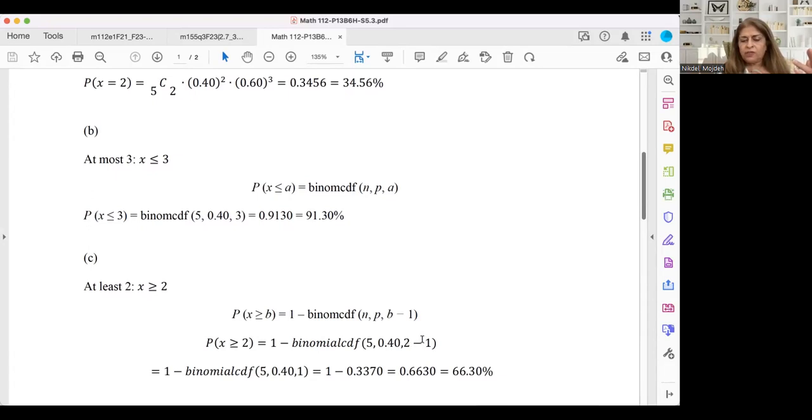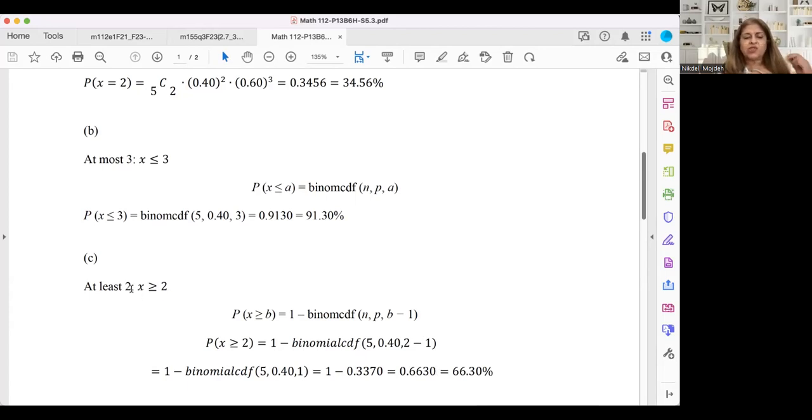Okay, 2 minus 1 is 1. Binomial CDF of 5, N, P, and 1. This is the binomial of the complement, 0 and 1. So I find the binomial of the complement first, which is 0.3370. And I take that probability, 0.3370, take it away from 1, which gives me 0.6630.